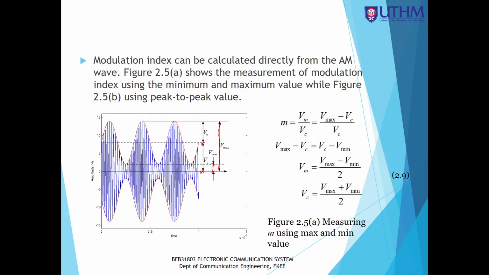So from the x-axis until the reference line, this is the Vc. And from the reference line, we see a sine wave which follows the information signal, the up and down. The up and down of the carrier follows the amplitude variation of the input.